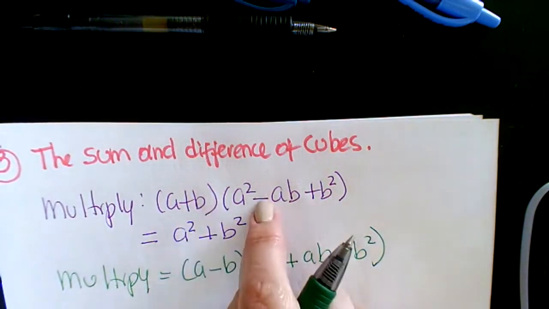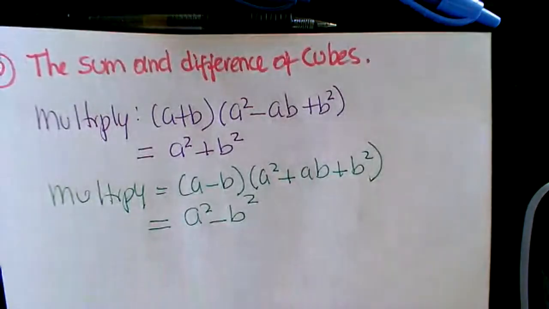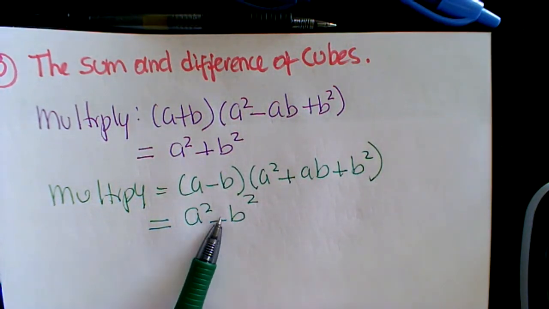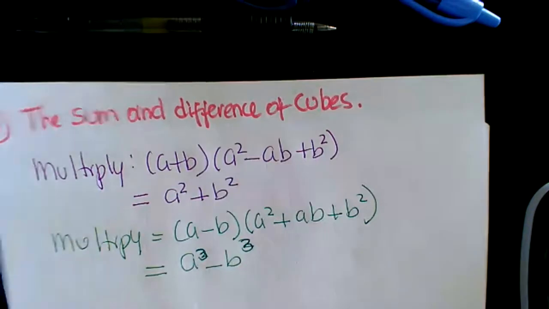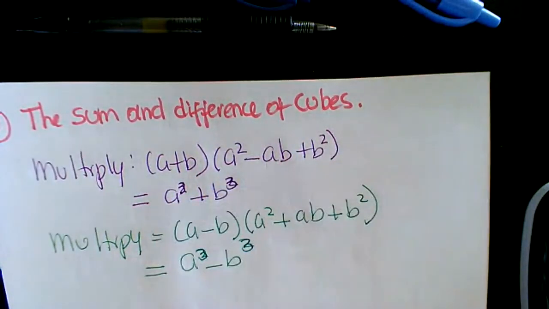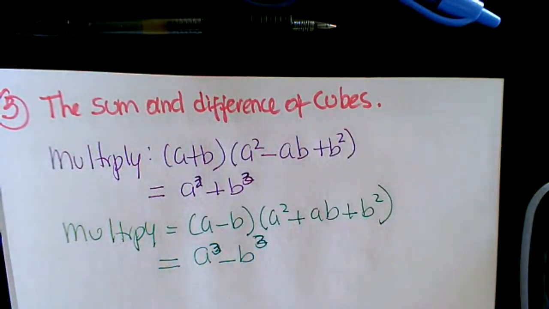Notice that here is positive, here is negative, here is positive. These formulas are known as the sum and difference of cubes.